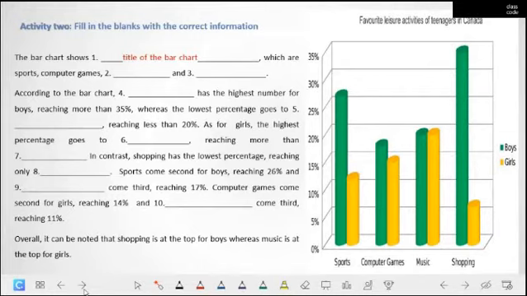It's a little bit complicated in a sense that you need to use contrast words and make comparisons as much as you can. All right. So I'll give you 5 minutes for this activity. Study the bar chart and fill in the blanks with the correct information.